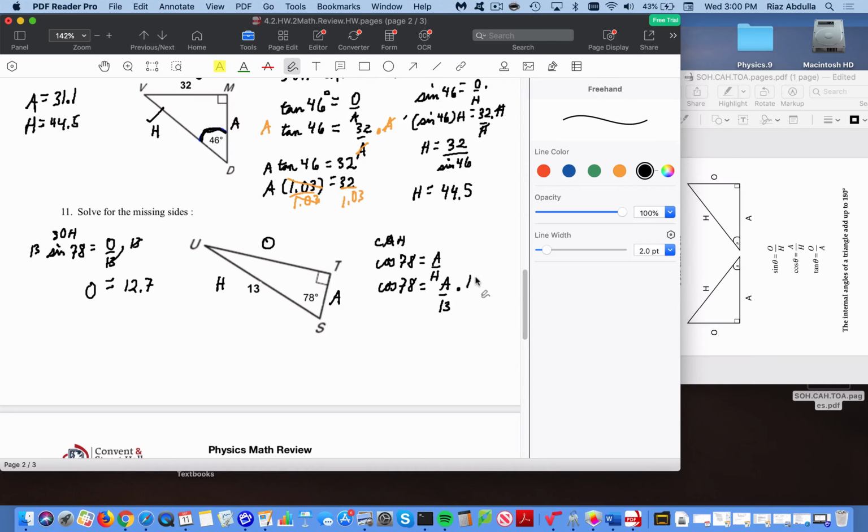Now I'm going to multiply both sides by 13 to isolate A. And so when I do that, I'm going to get that A equals 13 times the cosine of 78. And that's going to give me 2.7. All right. So that is page 2 of your practice test, and I'll be working out the last page in the next few minutes.